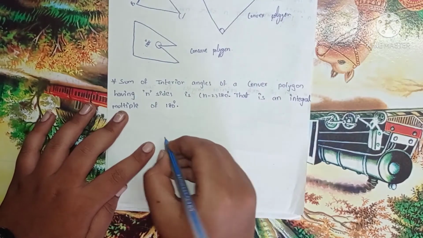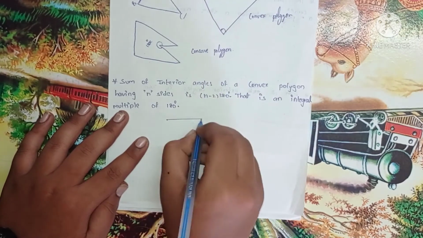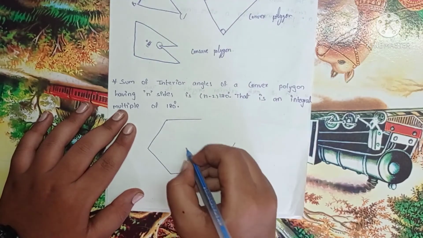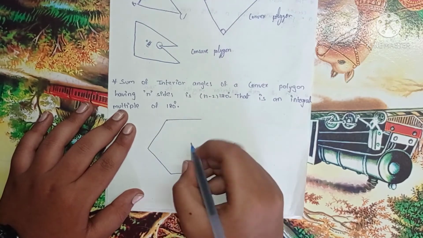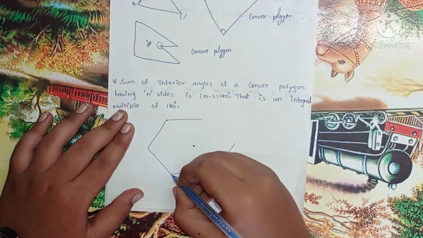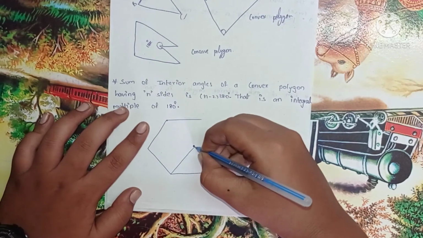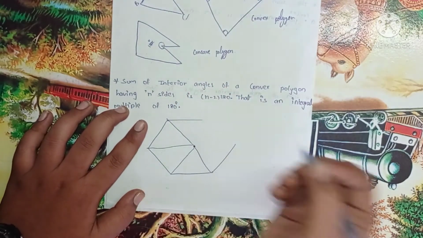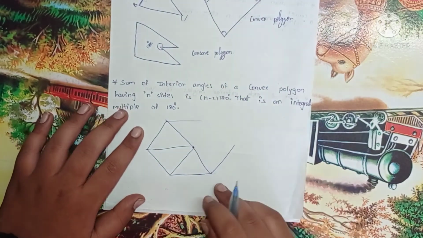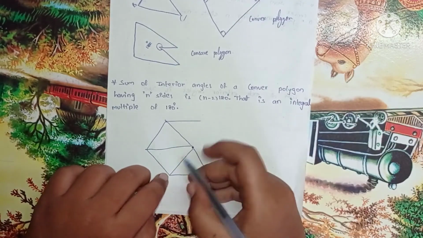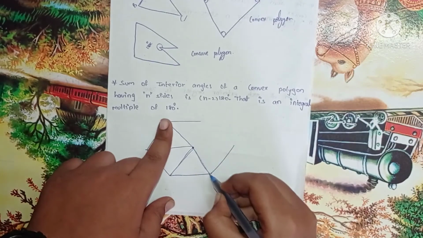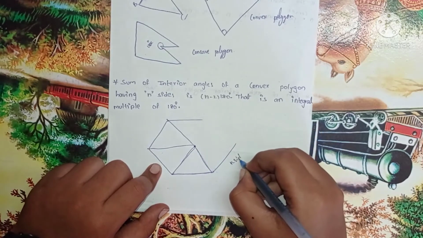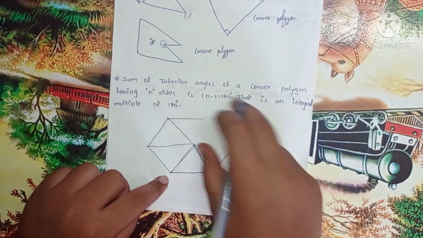Let us take an n-sided polygon, take any point in that polygon, and draw line segments from the point to all vertices of the polygon. They will form n triangles, because it is an n-sided polygon. This is one of the triangles.